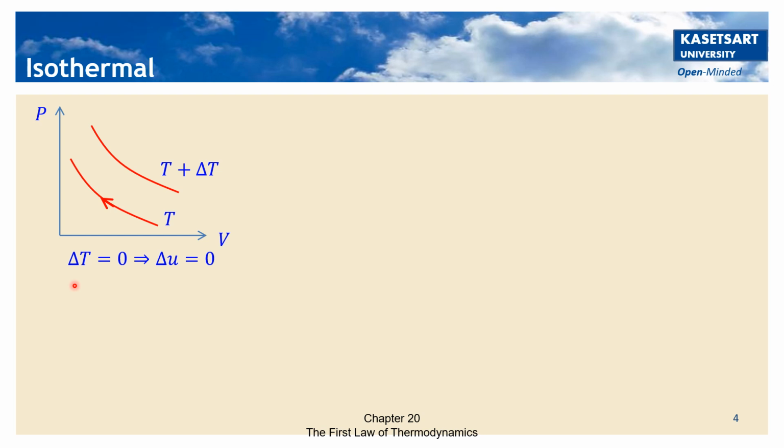For the isothermal process, isothermal means the temperature of the system does not change. If you have no change in temperature, it means internal energy does not change. Then from the first law of thermodynamics, delta U equals Q minus W. Then delta U is 0, so you have Q equal to W, where W is the work done by the system.